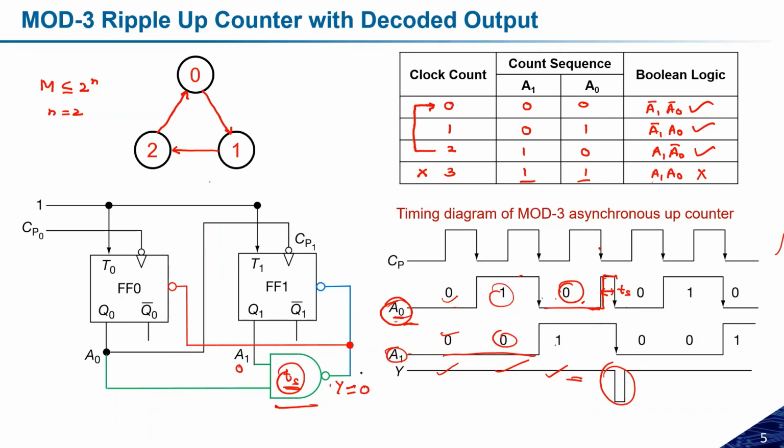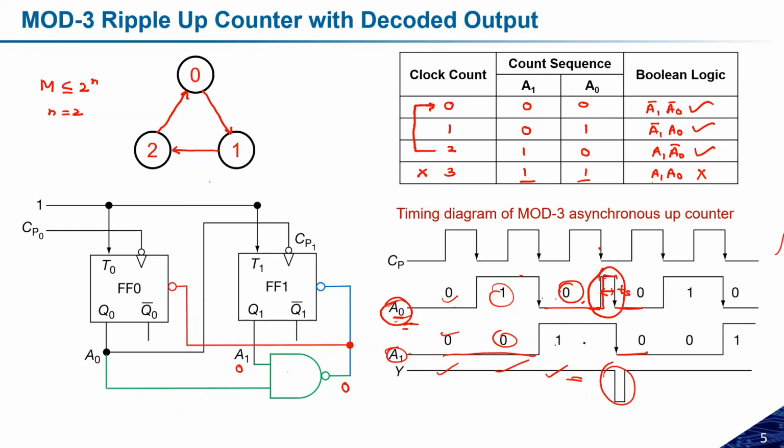Y will become 0 after the TS time period, and once it becomes 0, it will clear both flip-flops, so both outputs A0 and A1 will become 0 and 0. So this TS is the time taken by this AND gate to generate the low output so that both flip-flops can be cleared.